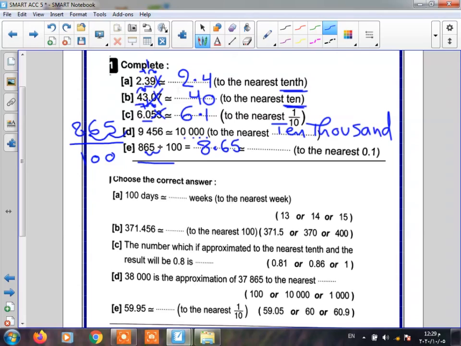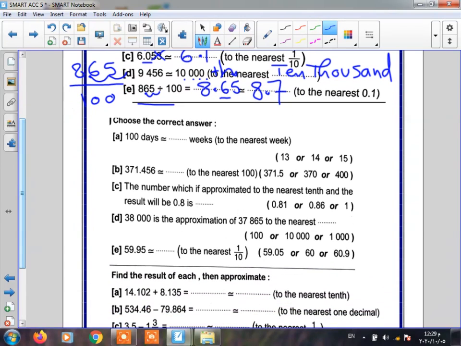We said before 0.1 means approximate to the nearest tenth. Where is the tenth? 6. Look at the number before it, 5. Give 1. Yes, and then cancel 5, 6 plus 1 equals 7, put point and put 8, so the result will be 8.7.